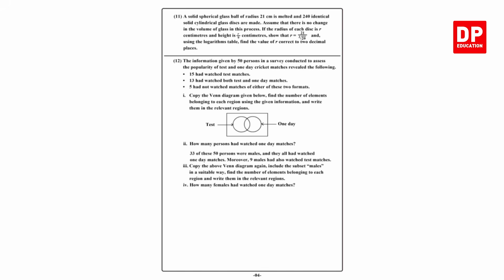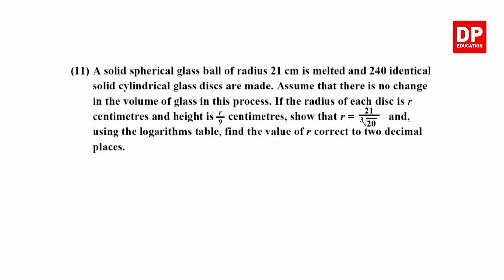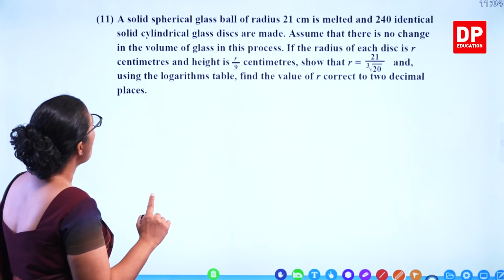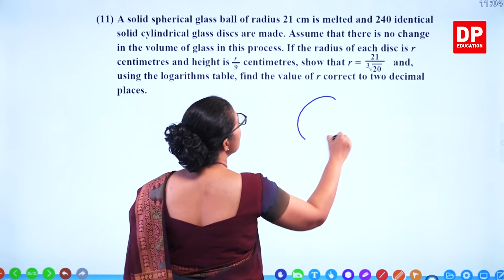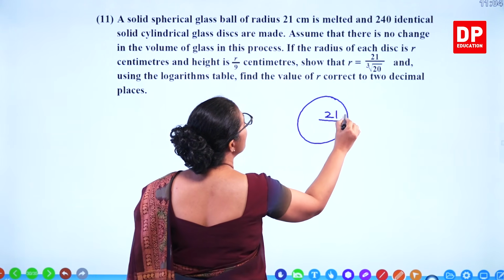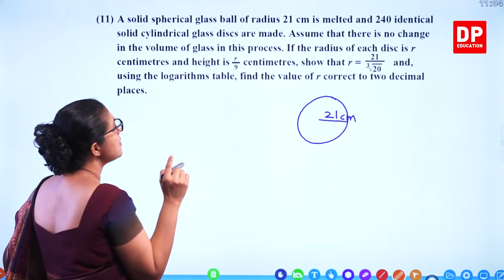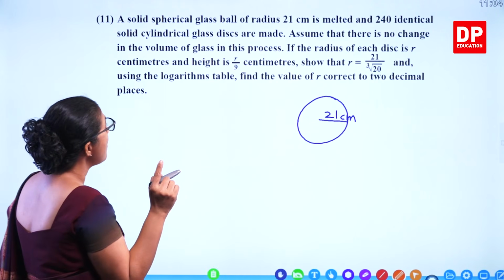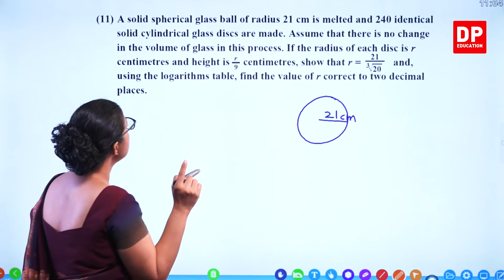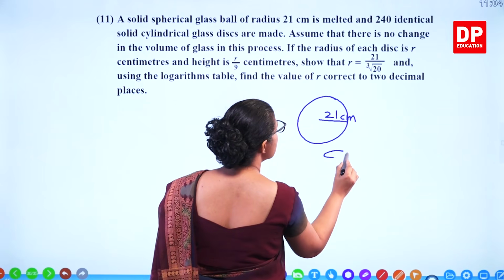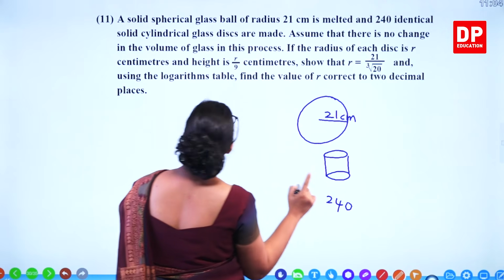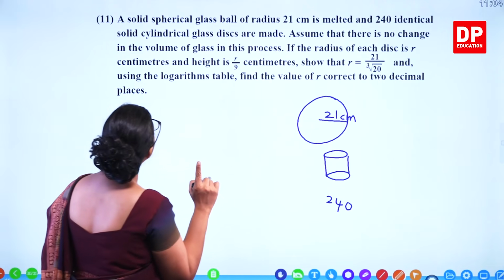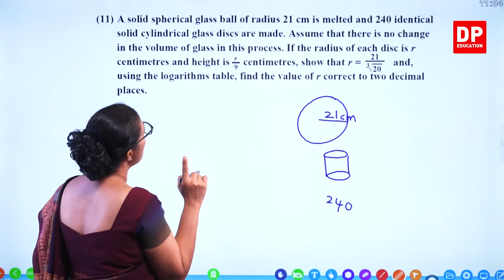Let's take the next one. You can try 11 and 12. Question number 11. A solid spherical glass ball of radius 21 centimeters is melted and 240 identical solid cylindrical glass discs are made.